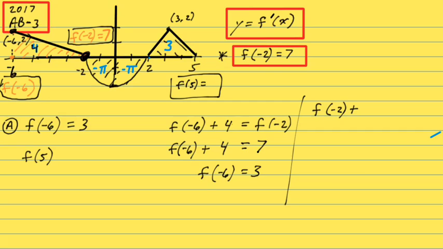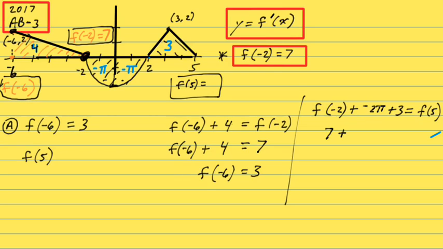So f of negative 2 I know is 7. Plus what? Looks to be a negative 2 pi and a 3. And now that's going to equal f of 5, right?